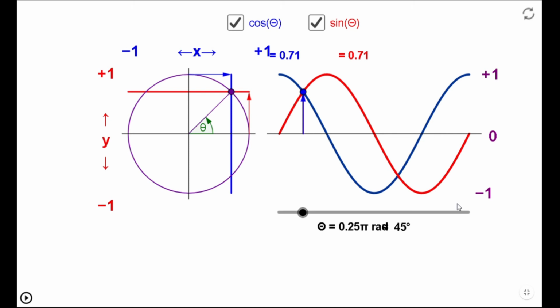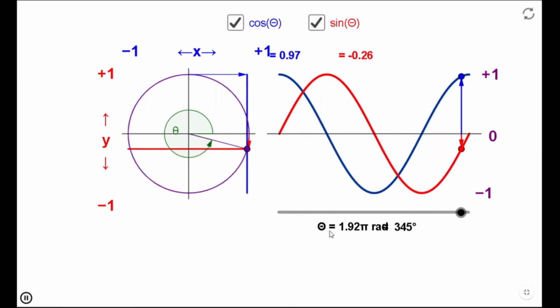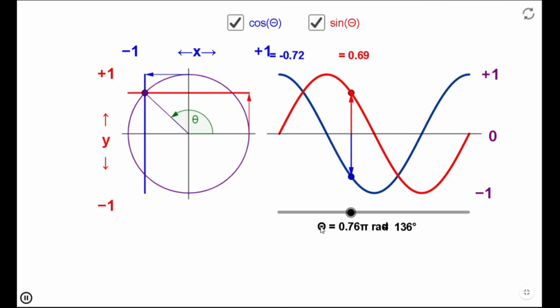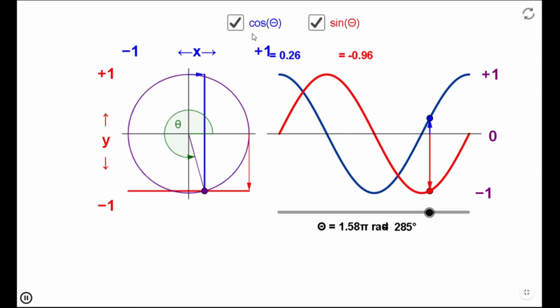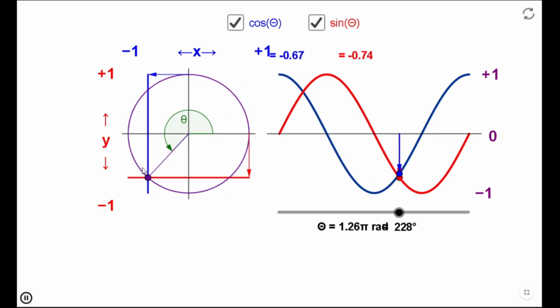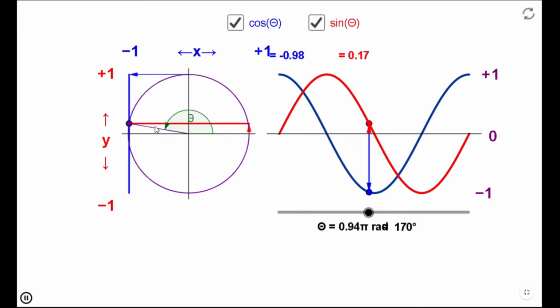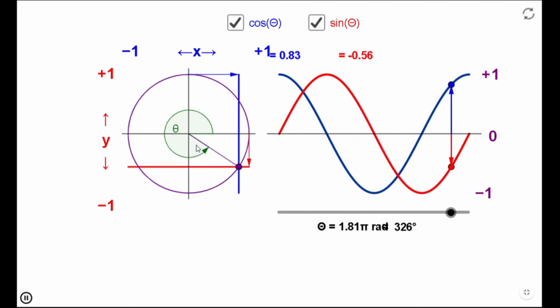So let me show you the phasor representation in the form of an animation. You can see that as the value of theta changes from 0 to 360 degrees, the values of cos theta and sin theta also change, and that is why the phasor diagram is also changing. You can see the phasor here in blue ink, having the phase angle theta.